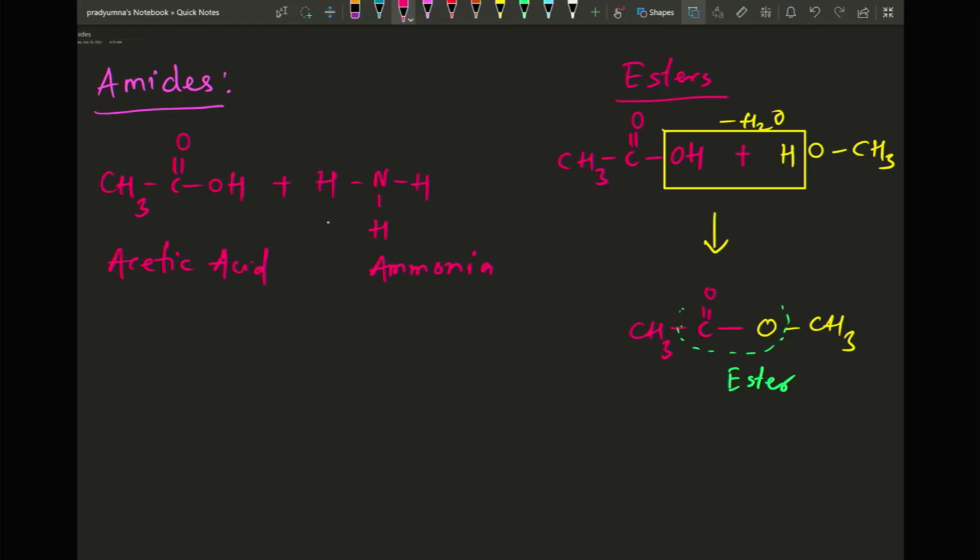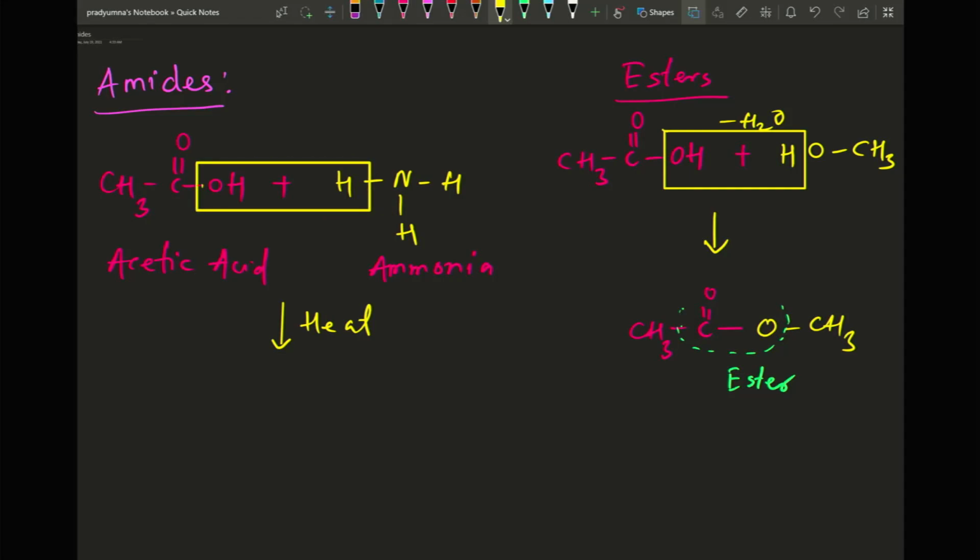We can use any type of amine as well, primary or secondary amines. Let me color code this, that way you will see the difference. N, H, H, and H. If you just apply heat to it, we're going to follow the exact similar scheme that we did on the right side. All we are doing here is getting rid of water.